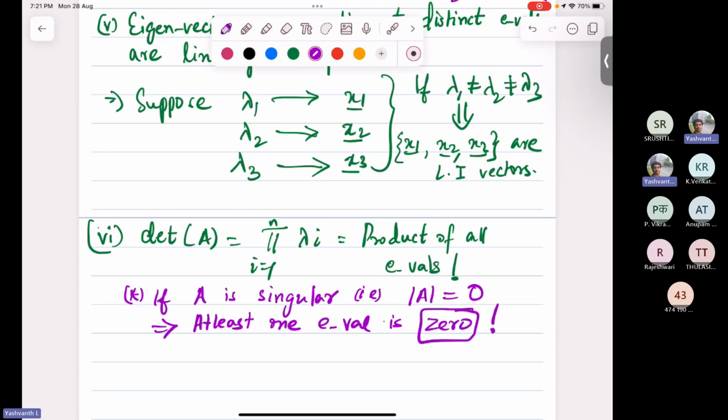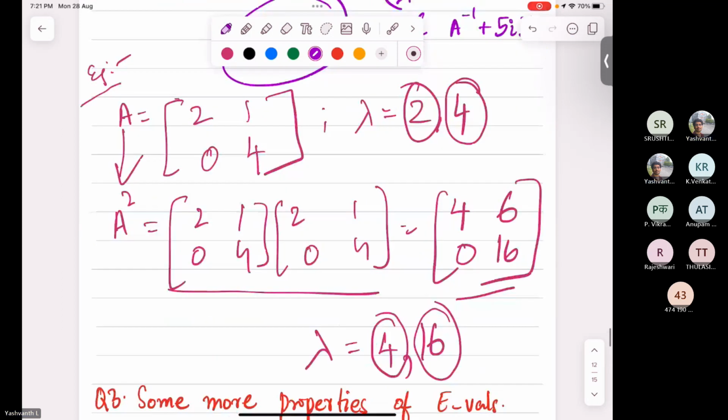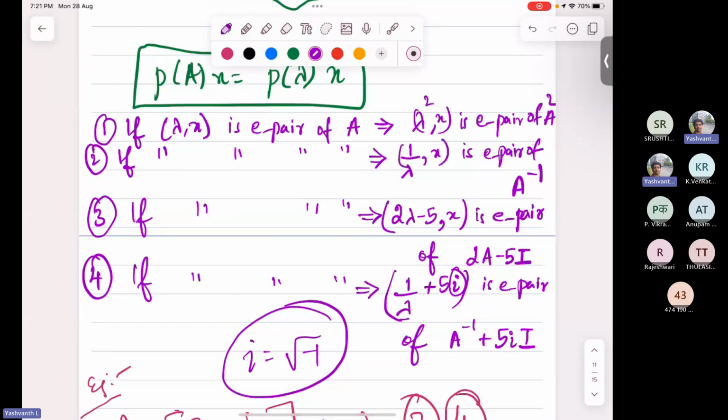In fact, you should have asked me right here. I'm saying 1 by lambda is plus 5i. What is the guarantee that 1 by lambda will even be a finite number? The guarantee is given by A inverse. If A inverse exists, then 1 by lambda will not become an undefined number, because lambda will not be 0 for any invertible matrix.